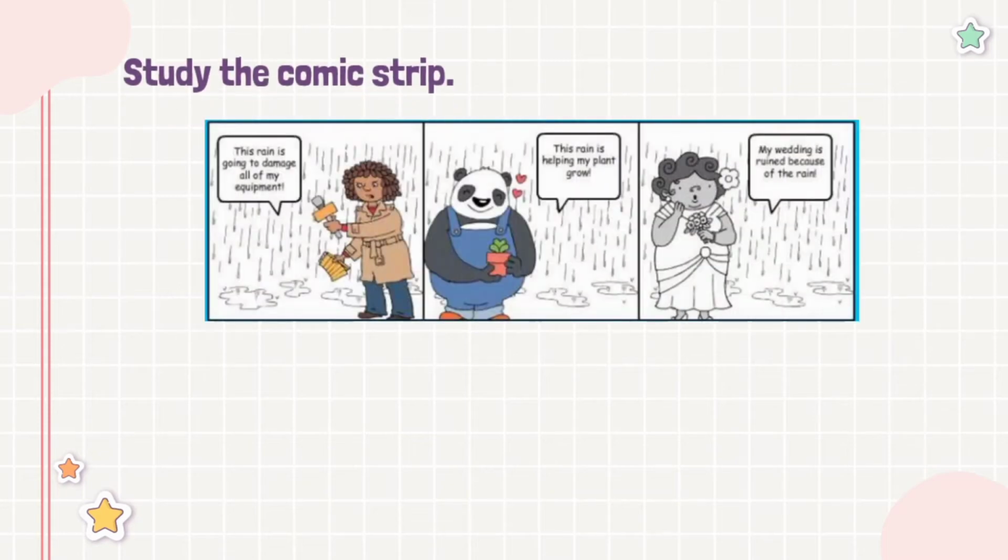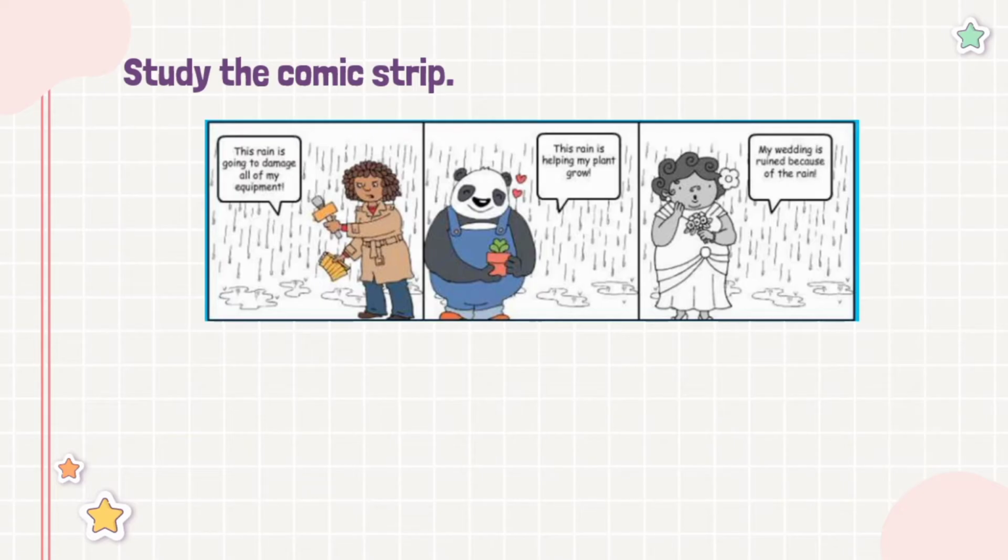Let us study the comic strip. It is about the individual or different viewpoints about the rain. The first picture tells that the rain is going to damage all of his equipment, while the second picture tells that the rain is helping his plant grow.